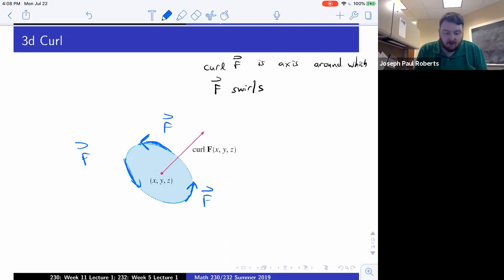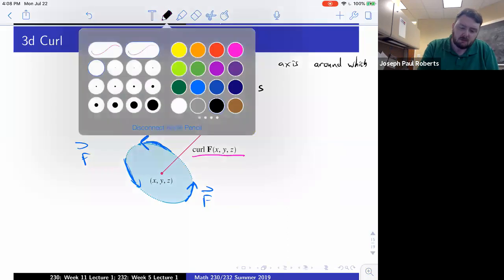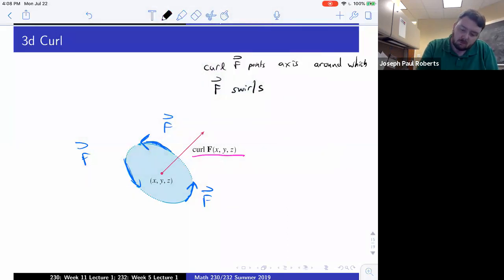Then the pink arrow is the vector curl F. Remember, everything is a vector here. F is a vector field, curl F is a vector. And so curl F is the axis. Well, I guess I shouldn't call it the axis. I should say it points along the axis around which F is swirling.